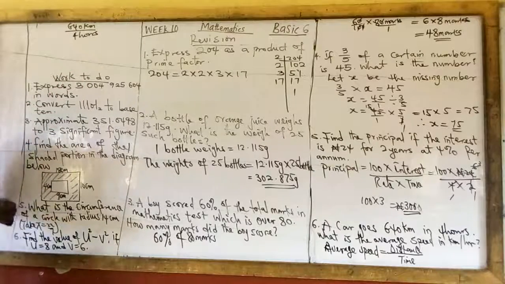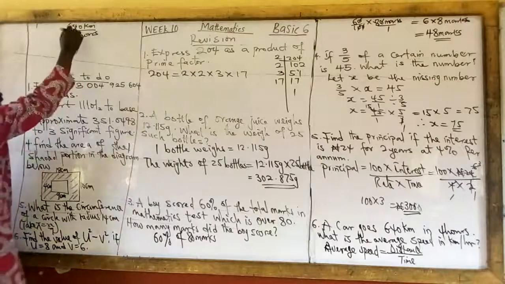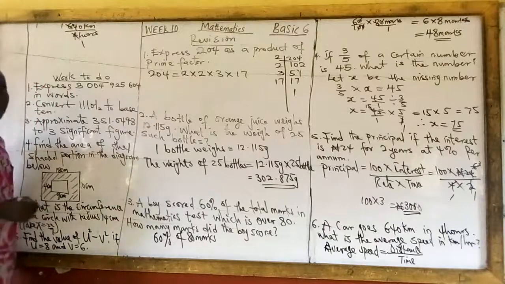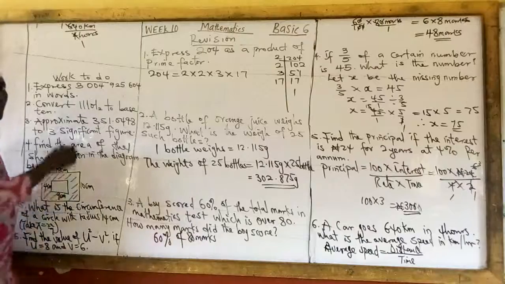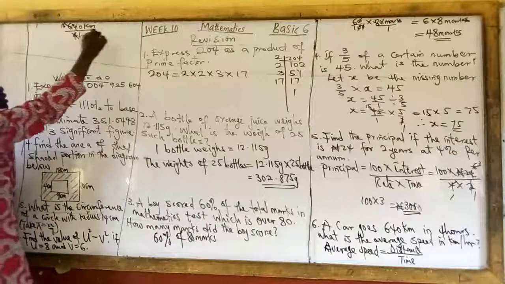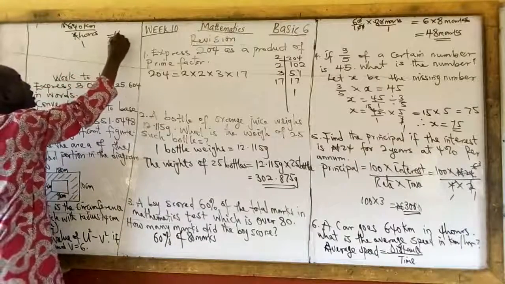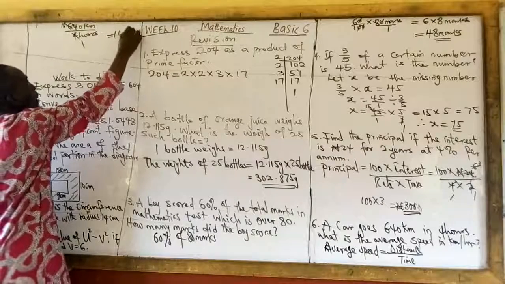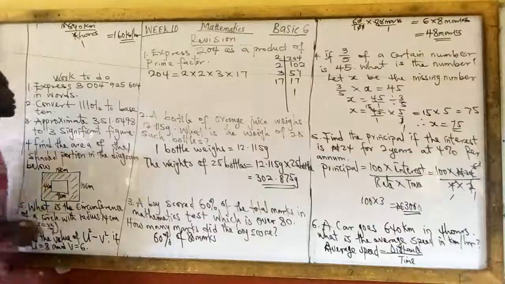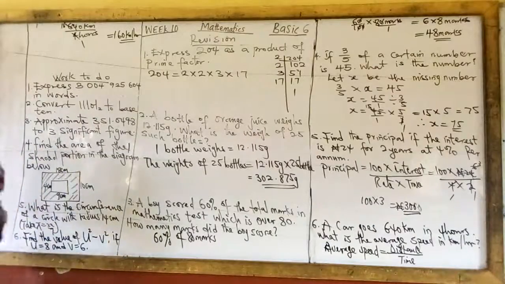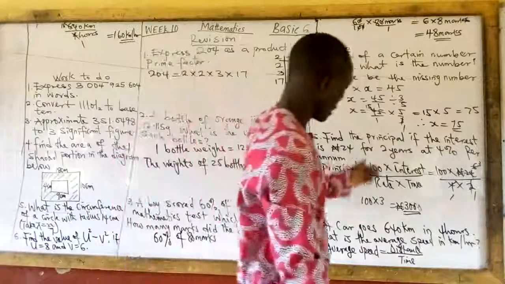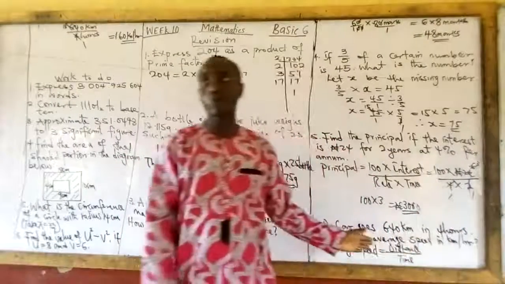Now, what can go in this? 4 into 6 will give us 1, with that 2, that is 24. 4 into 24 will give us 6, that will be 16. With this 0, it will be 160 kilometers per hour. That is what this man has been able to cover in 4 hours.